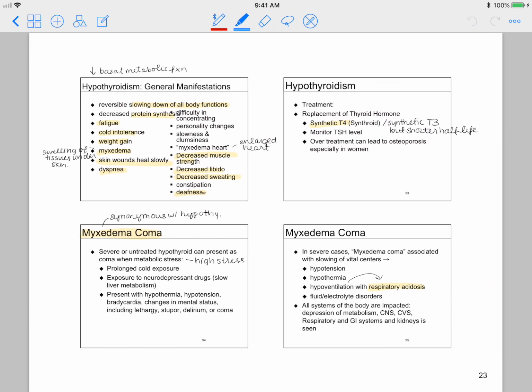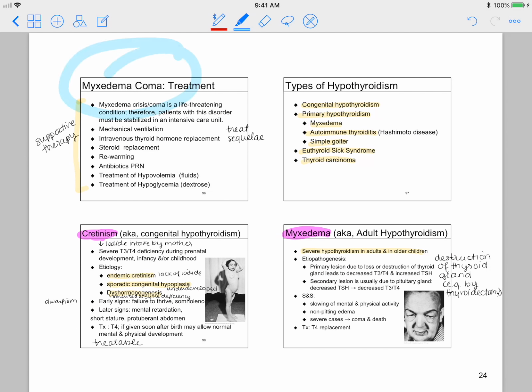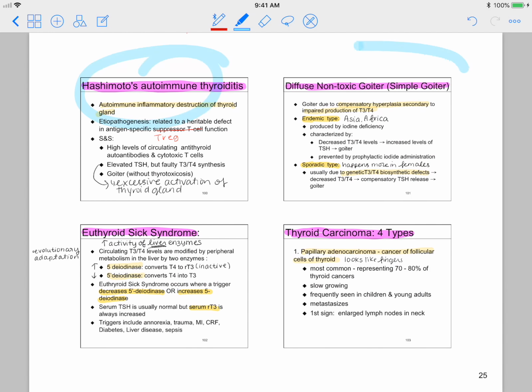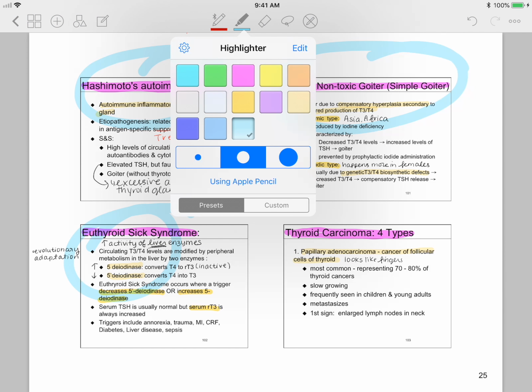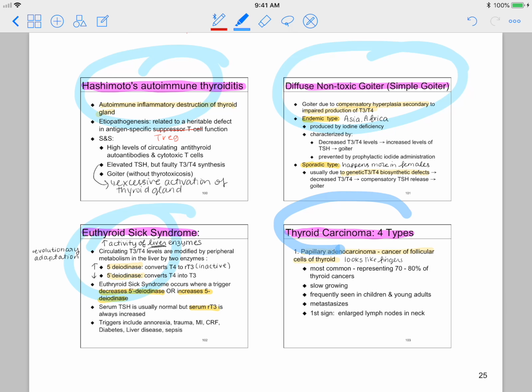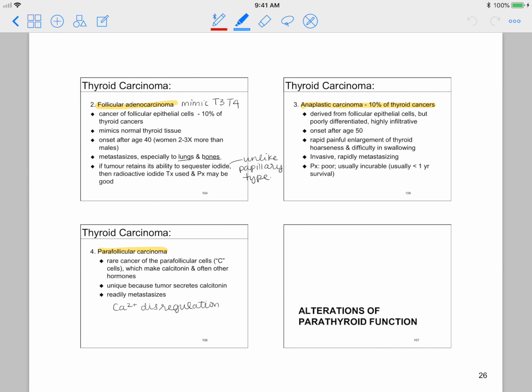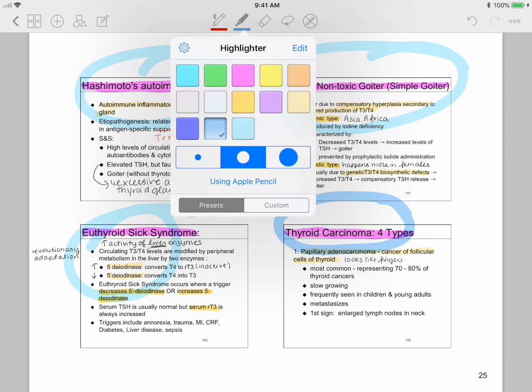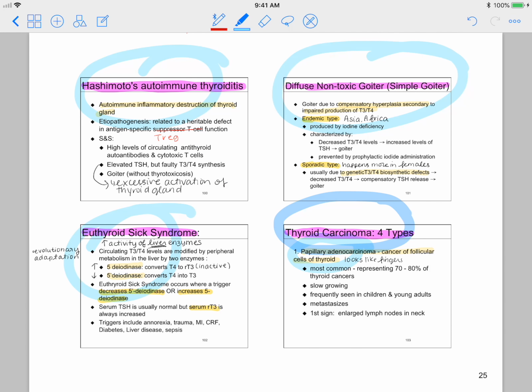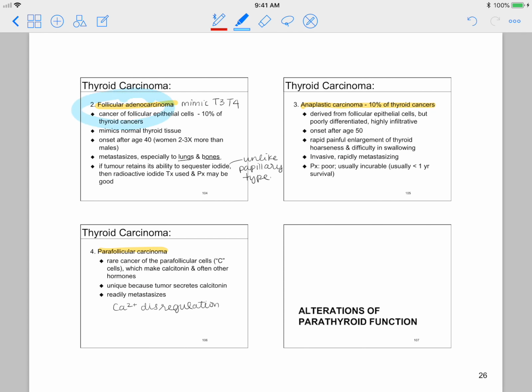And I'm going to do the same thing with hypothyroidism. So all of this is under hypothyroidism. And the next main category is thyroid carcinomas. And by looking at these notes, I can see that there are subcategories under thyroid carcinoma. So I will just highlight them as well.